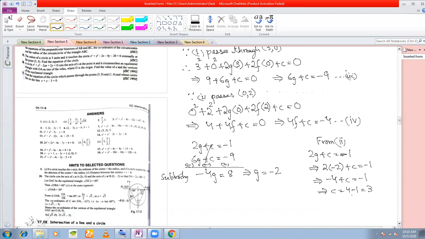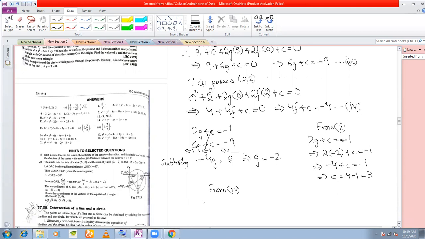Now we need to find out the value of f. Put the value of c in 4, and you'll get the value of f. From 4, 4f plus c is equal to minus 4. That means 4f plus 3 is equal to minus 4.